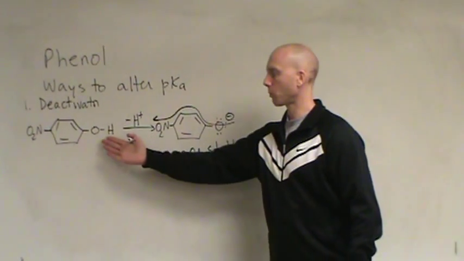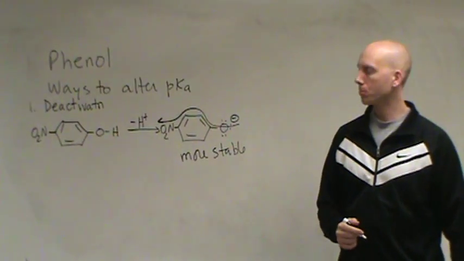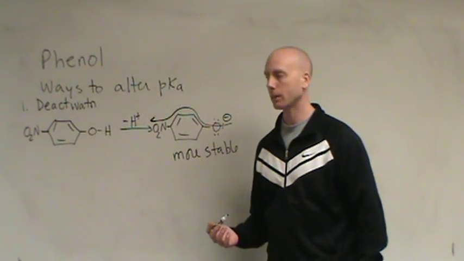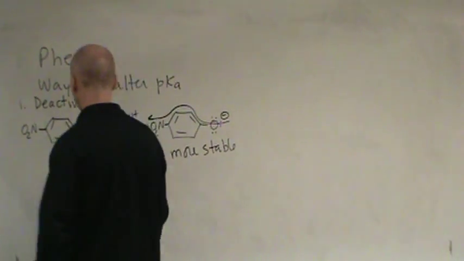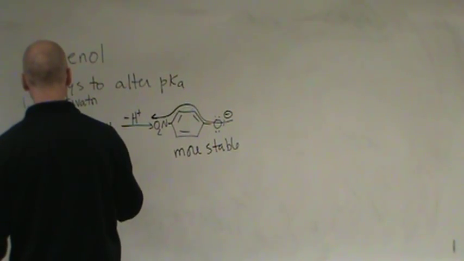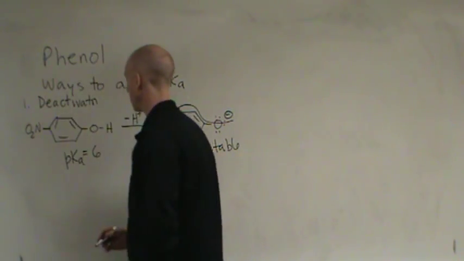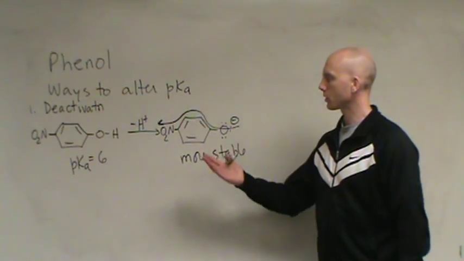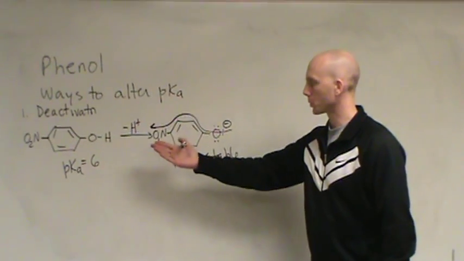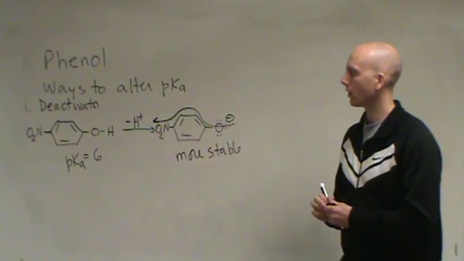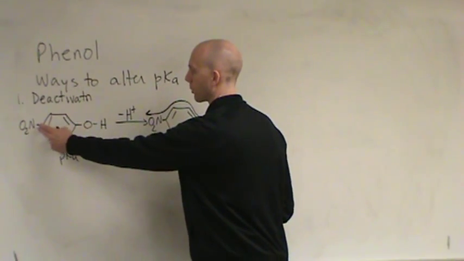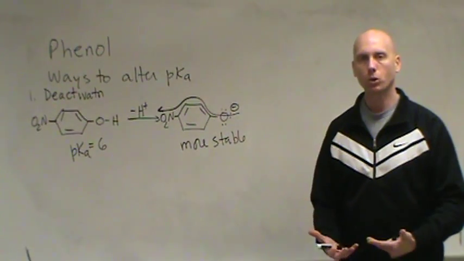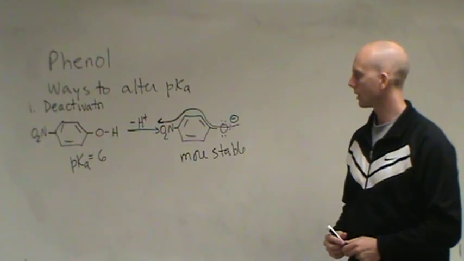And so we would expect the pKa of para-nitrophenol to be lower than 9.96. And indeed, it does drop down to something around 6. So any deactivator will drop the pKa of phenol. And it doesn't matter whether we put it in para, meta, or ortho, any of those positions will lower the pKa.